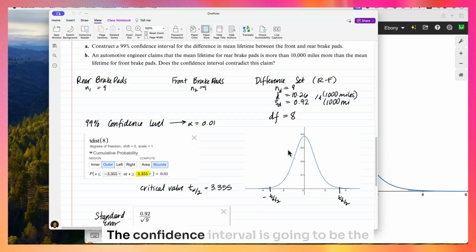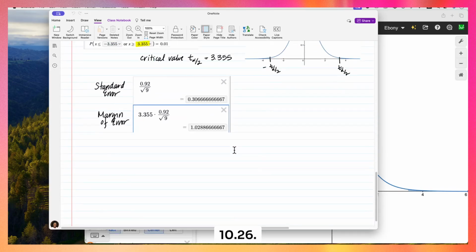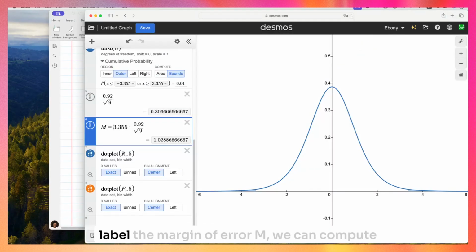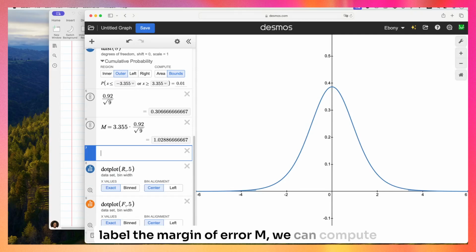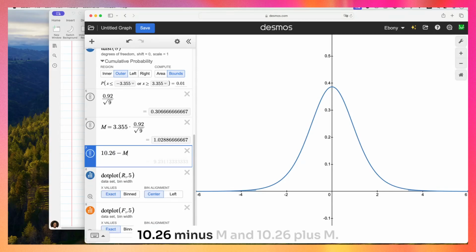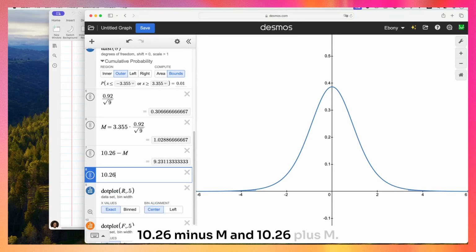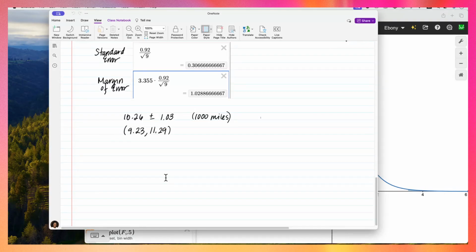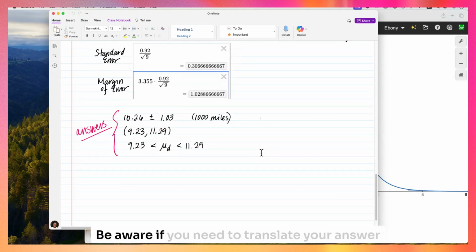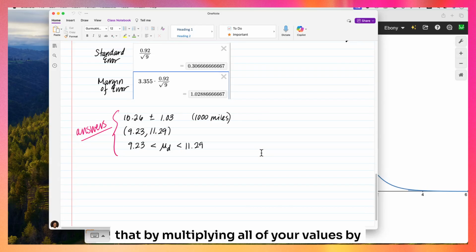The confidence interval is going to be centered at 10.26, and if we label the margin of error M, we can compute 10.26 minus M and 10.26 plus M. Be aware if you need to translate your answer into the 1,000-mile unit, you would do that by multiplying all of your values by 1,000.